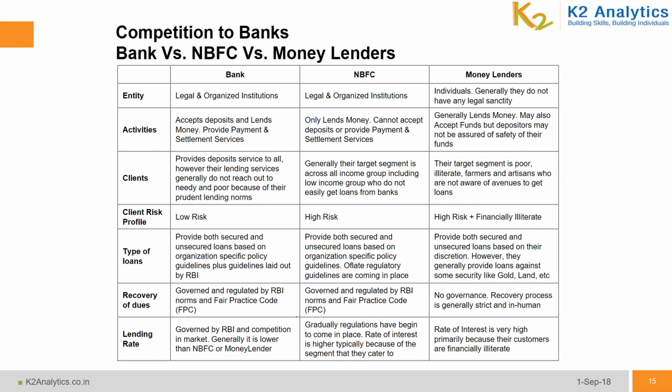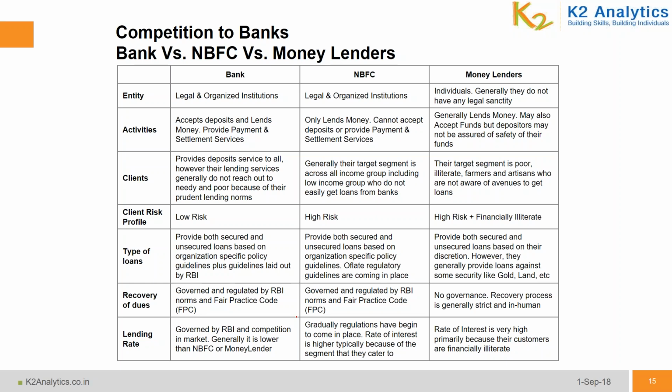If you see, traditionally there have been three main entities providing financial services. One is the bank, the most organized sector. Then we have NBFCs, which are again organized. And third is basically money lenders. With time, the role of money lenders is shrinking.